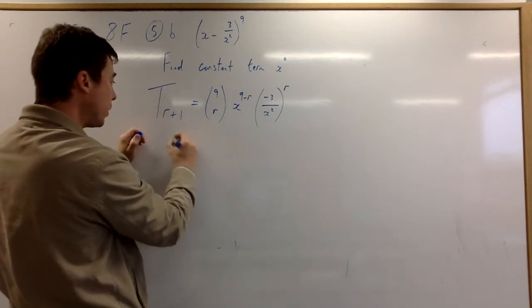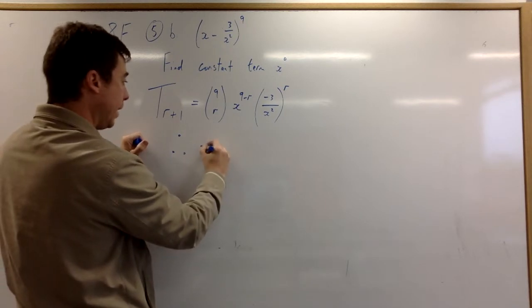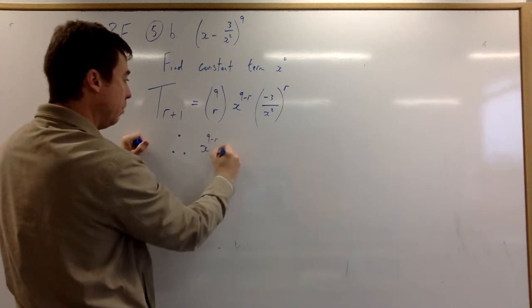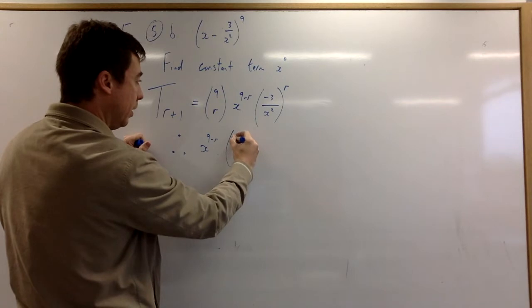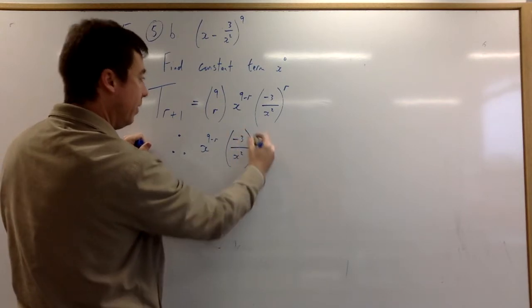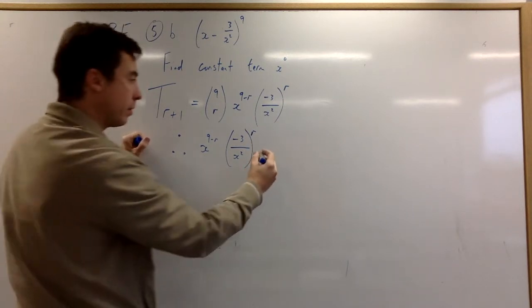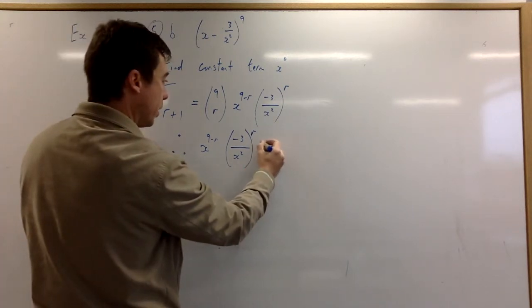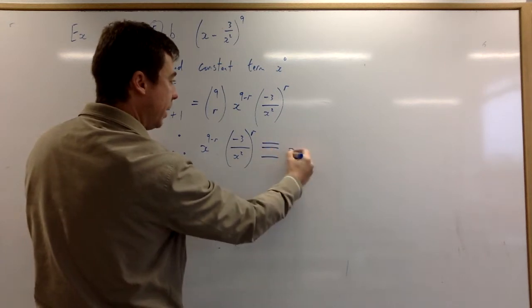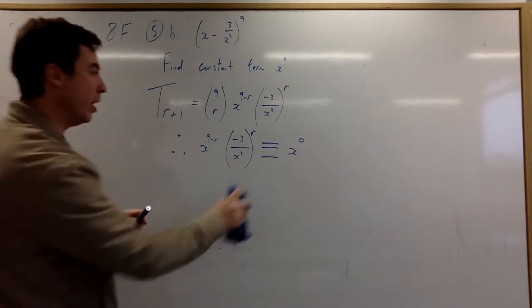So I could maybe say, therefore, x to the power of 9 minus r multiplied by (minus 3 on x squared) to the power of r has to give me something equivalent to x to the 0. That's probably not the right notation.